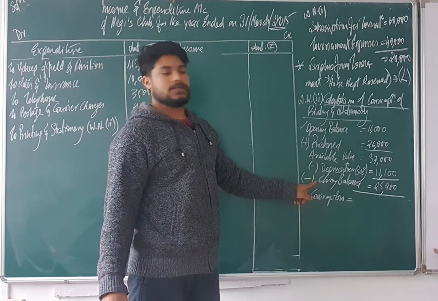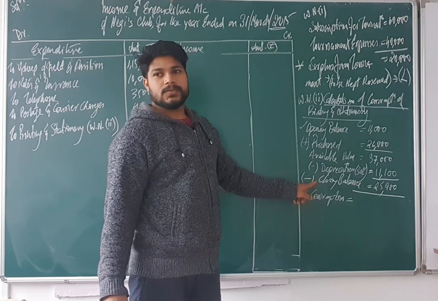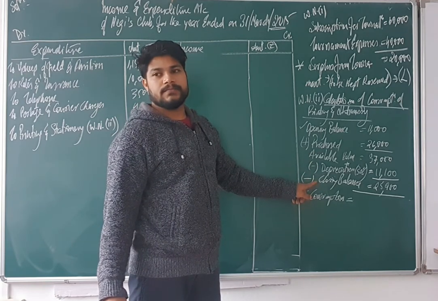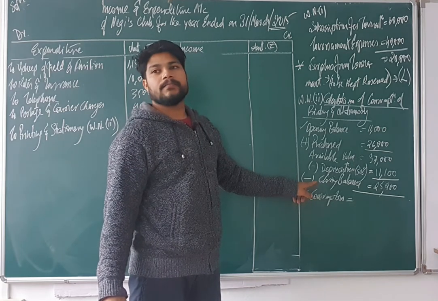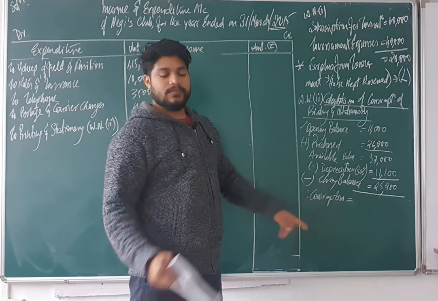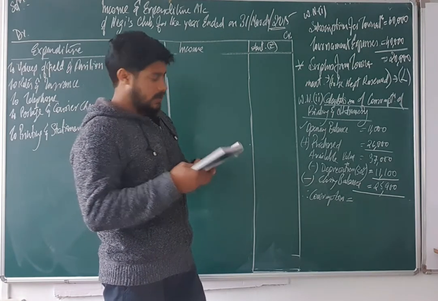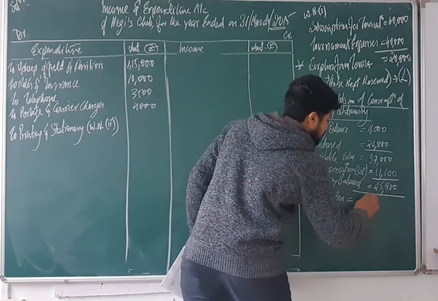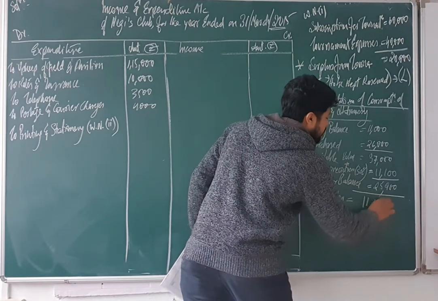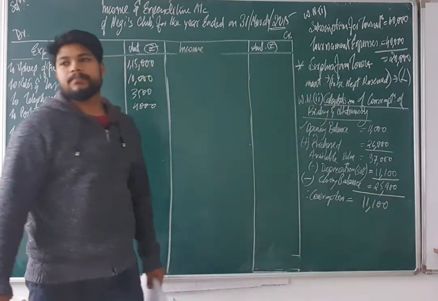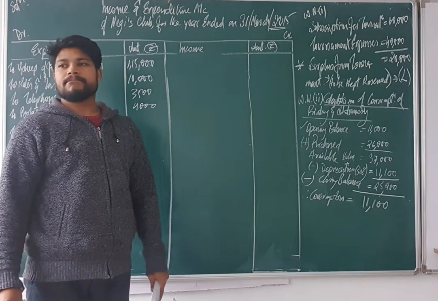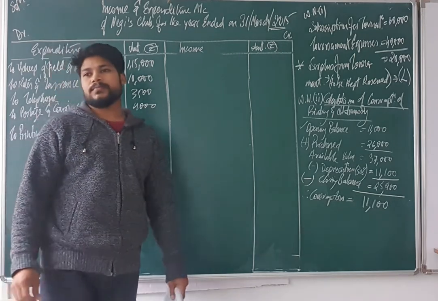Less closing balance 25,900. What are you getting? 11,100. That is the consumption. Is it okay? Am I clear? This is what we are supposed to do.